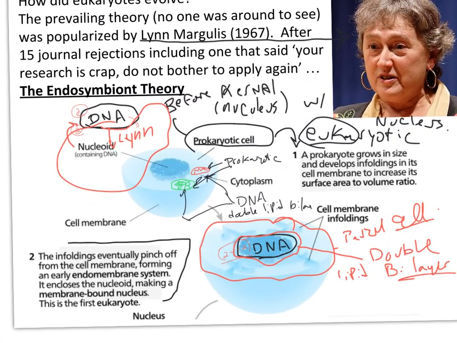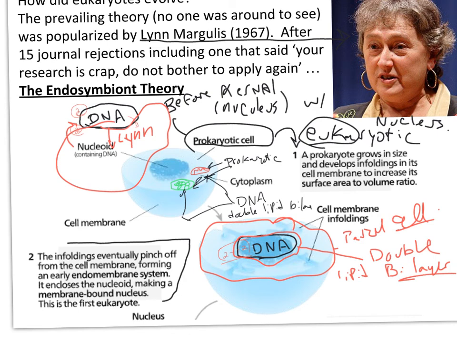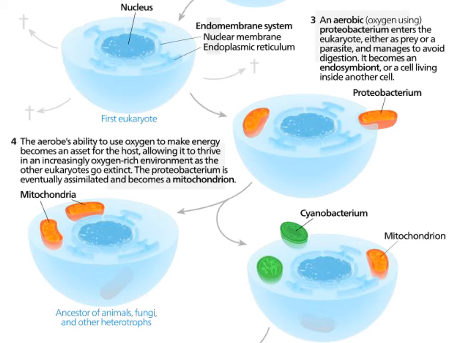So I thought that would be kind of an interesting way to end this concept of endocytosis and exocytosis. Here is an example of how this works. This is showing you step by step with cyanobacteria.